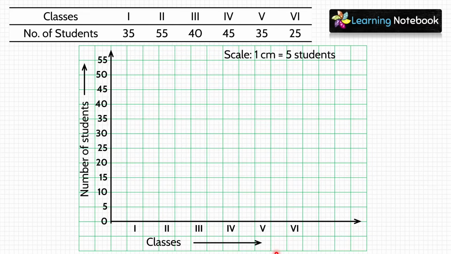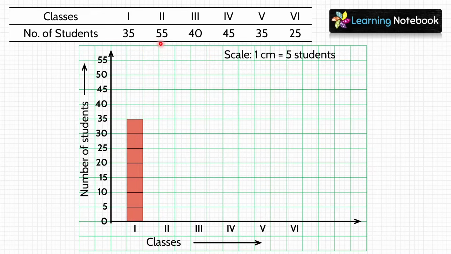Now, we can start making the bar graph. First, we have to represent number of students of class 1 who like painting. They are 35. So, let's color 7 blocks as shown here.